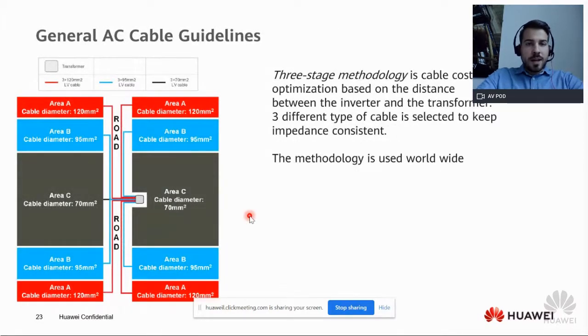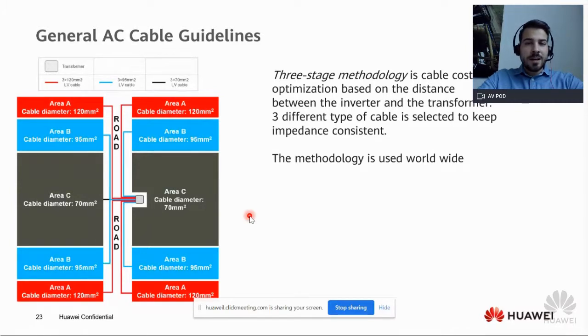Okay, so some cable guidelines. What we have seen in worldwide operation is that many of the EPCs, like in India or in other Asian countries, in order to cut the cost of the cables, will divide the area into three segments, three stages.